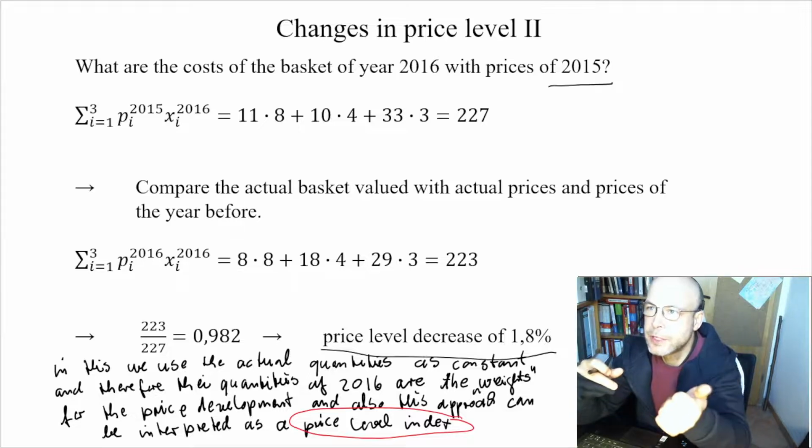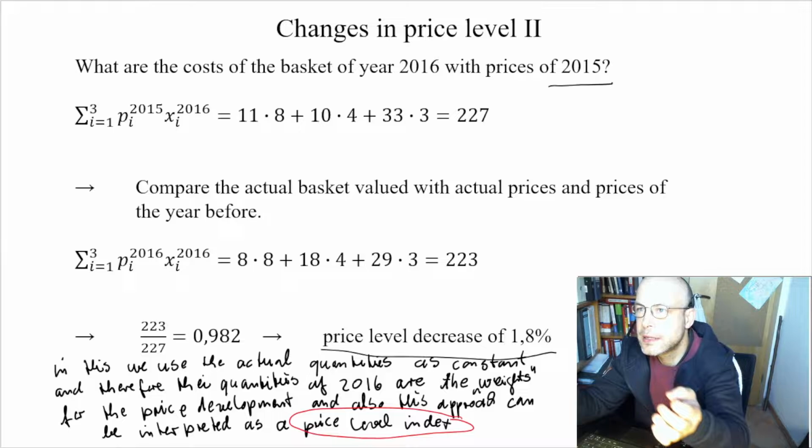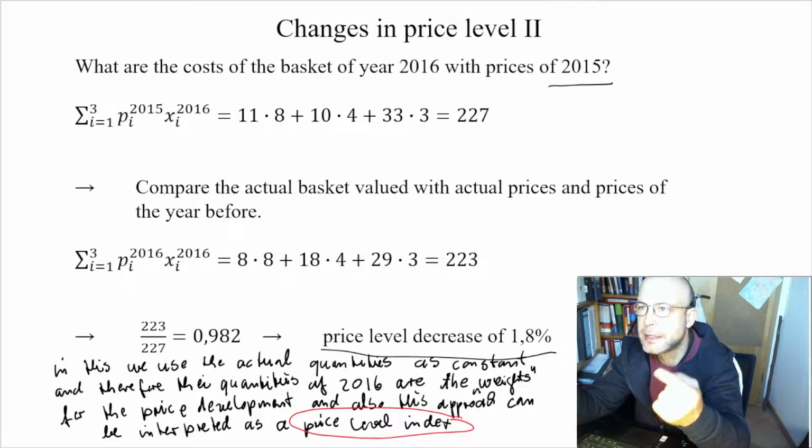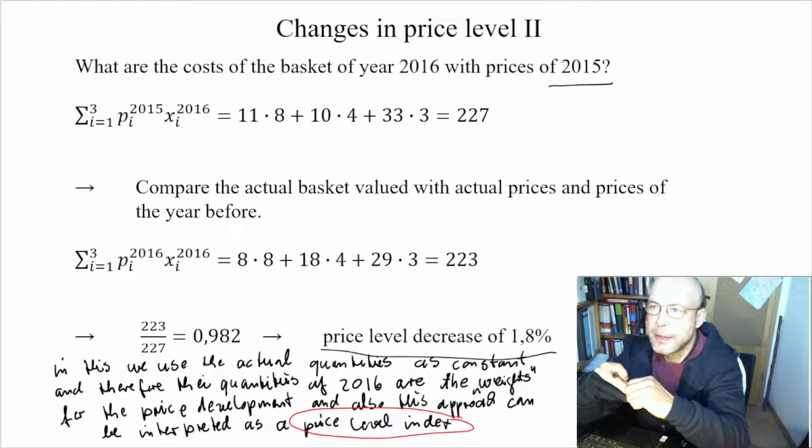So in the first case, we take 2015 as a base, and in the second case, we take the forward price system of 2016 as the base.